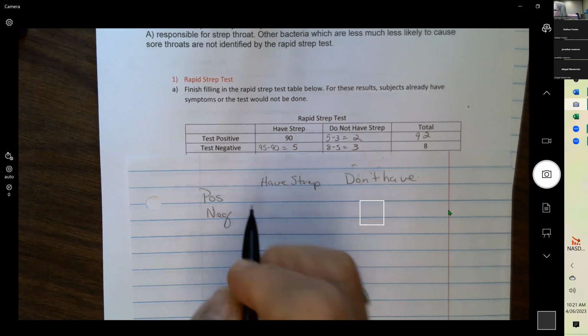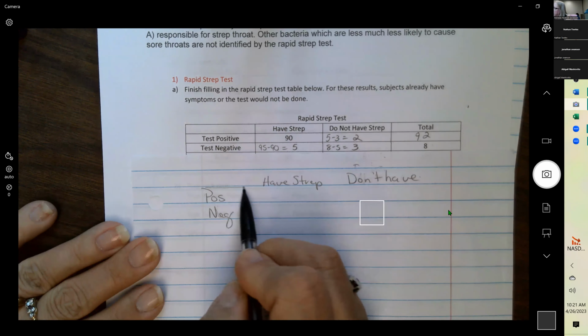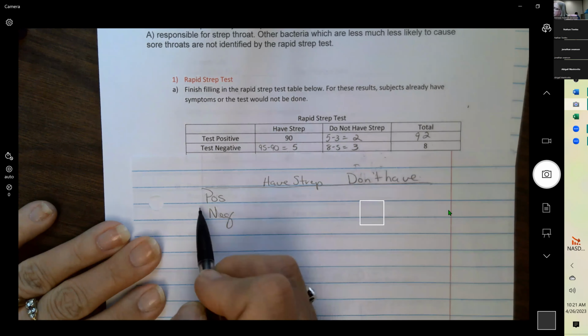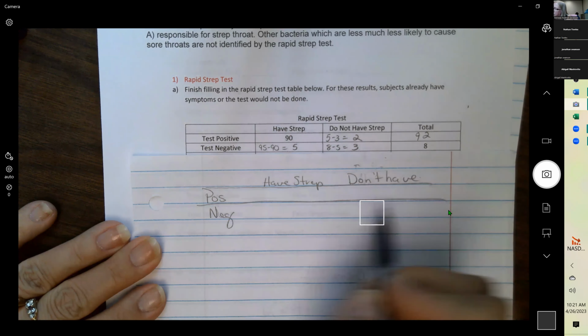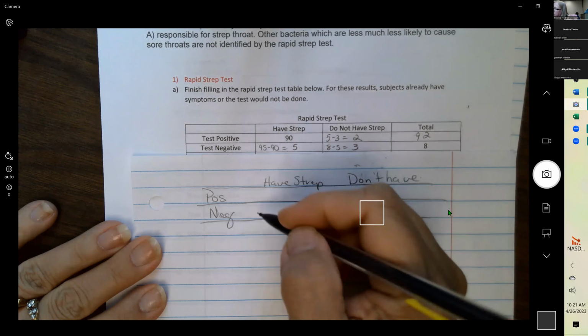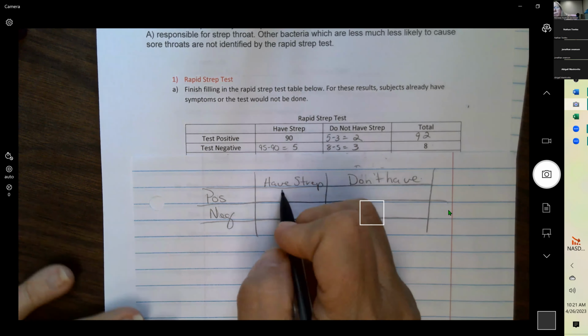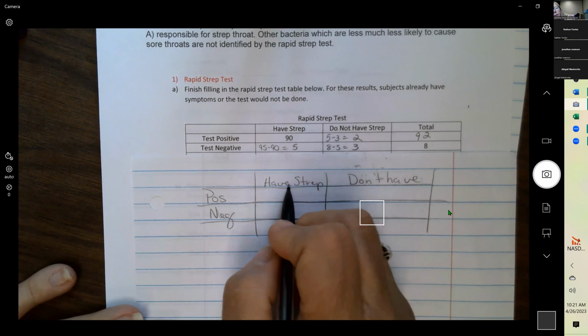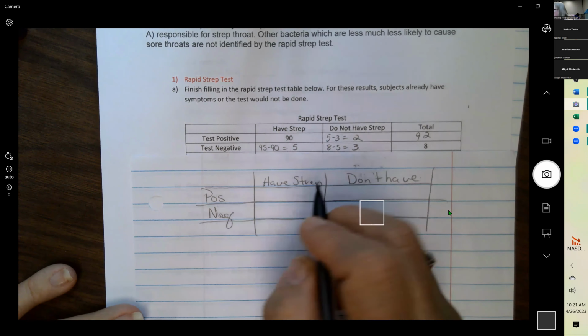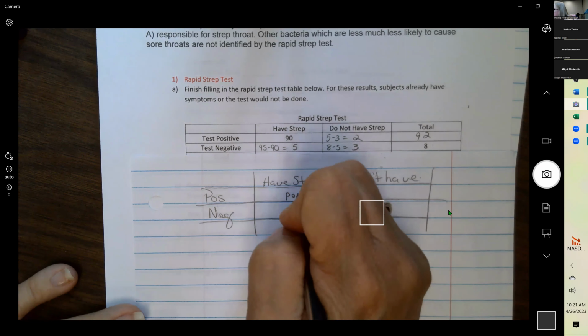for the positive and negative rates, this one you have strep throat. Now going across, you're testing positive, so both of these are positive.